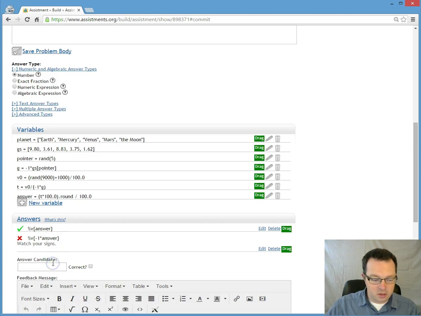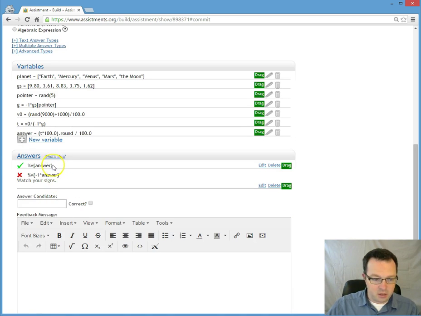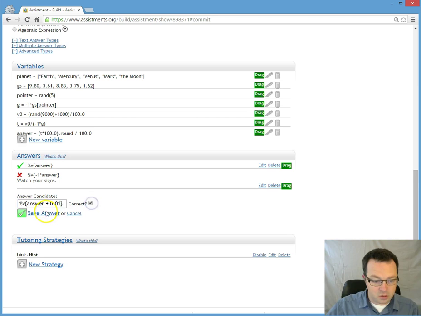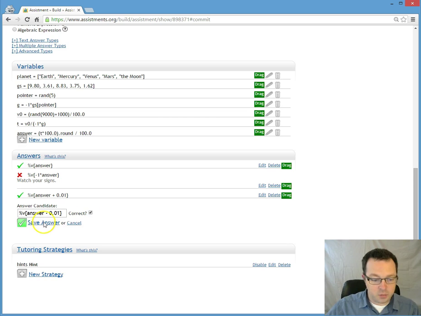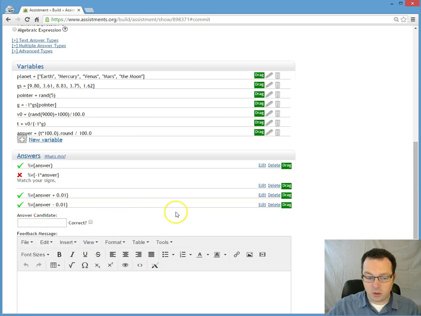So what I do is I build in a little tiny bit of forgiveness. And so I'll take vscript answer there, and I'm going to add in 0.01, mark that as correct. And then I am also going to subtract 0.01 and mark that as correct. Totally up to you as the designer and your choice.